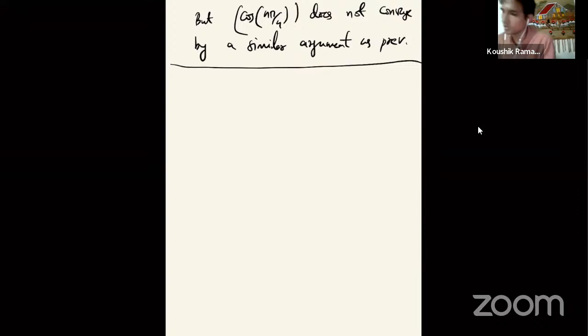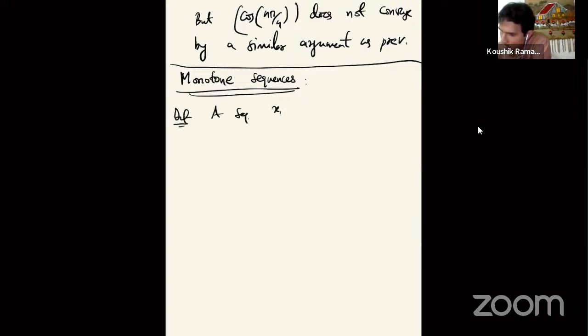Yeah. So maybe I talk about monotone sequences. This is an important topic: monotone increasing or monotone decreasing, either one. So just to recall the definition, a sequence x_n is called increasing if x_n is less than or equal to x_{n+1} for all n.